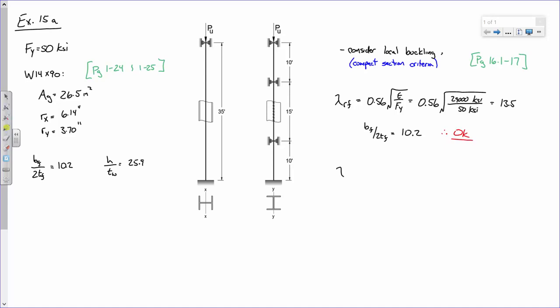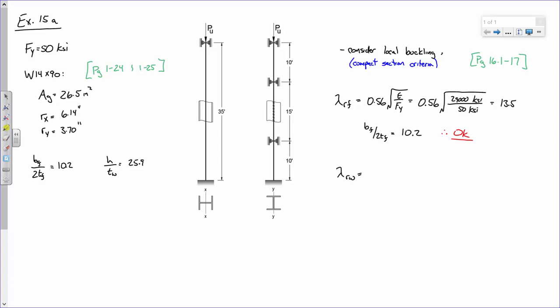So what is lambda rw? What's the other one going to be? So in stiffened elements, we got case 5, 6, 7, 8, 9. Which case are we going to consider? 5, right? We don't have HSS. We don't have cover plates. We don't have any other stiffened elements. So case 5.